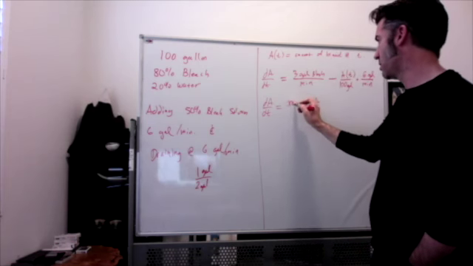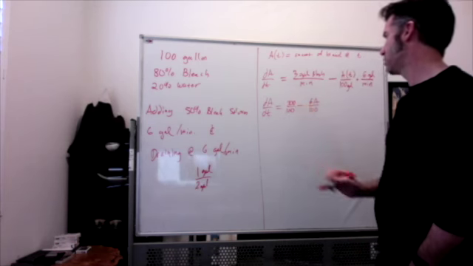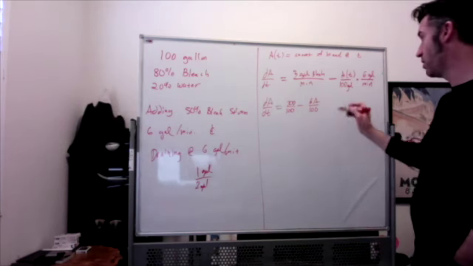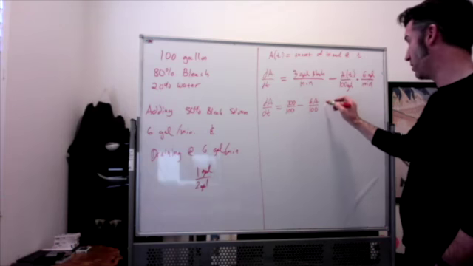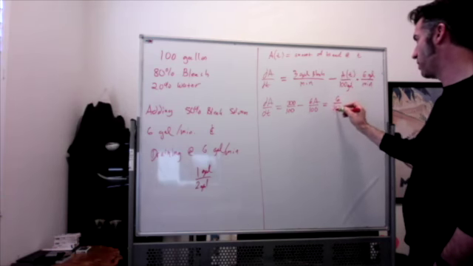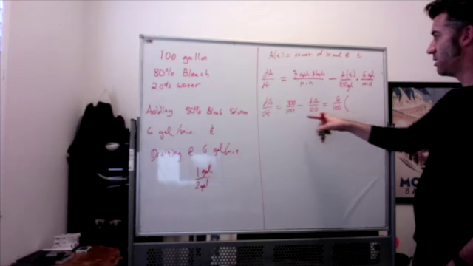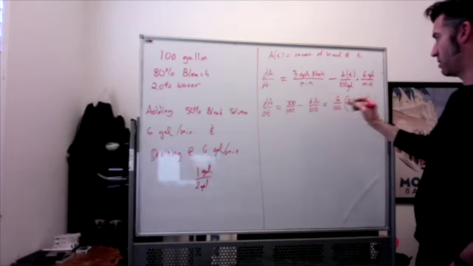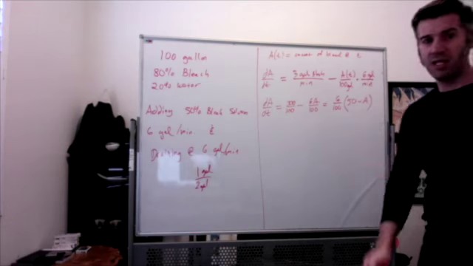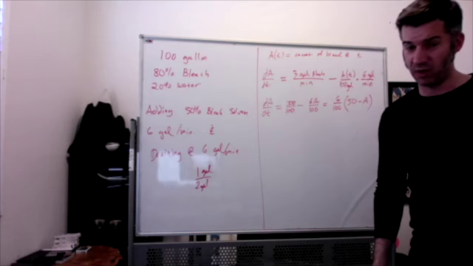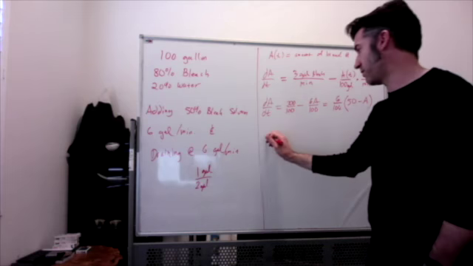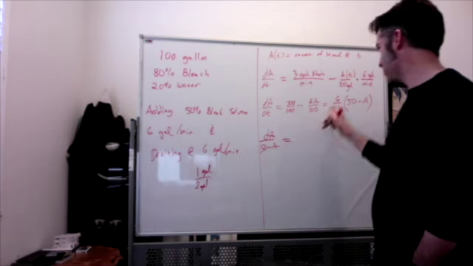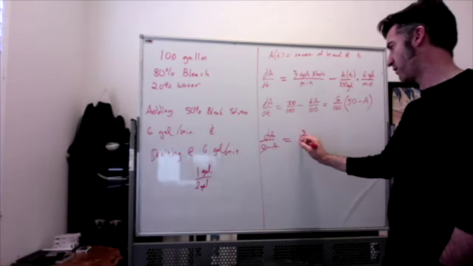Or I could factor out 6 over 100, factoring out a 6 on top so I'm left with a 50. Typically, you want your A to not have a coefficient if possible. So rewriting this, I've got dA over 50 minus A equal to 6 over 100, which is 3 over 50, dt.